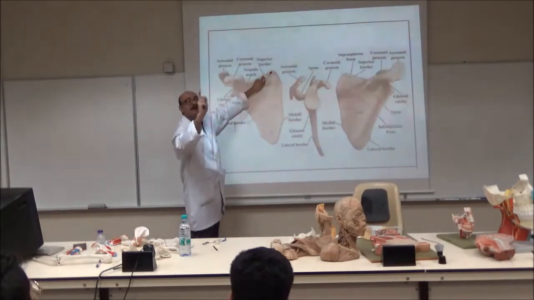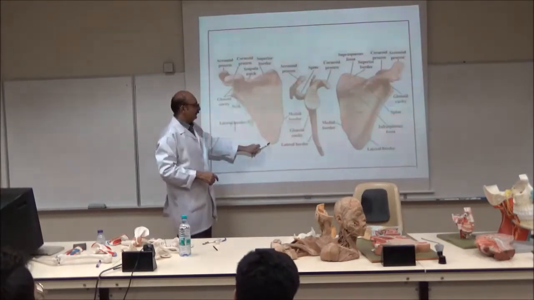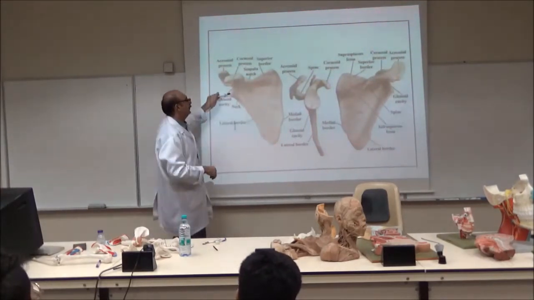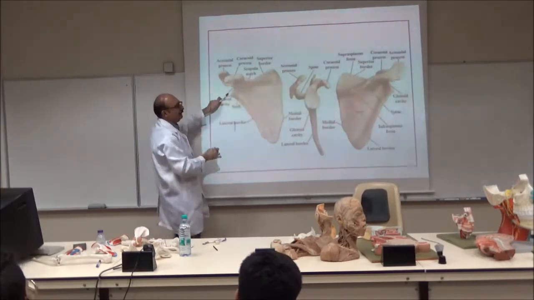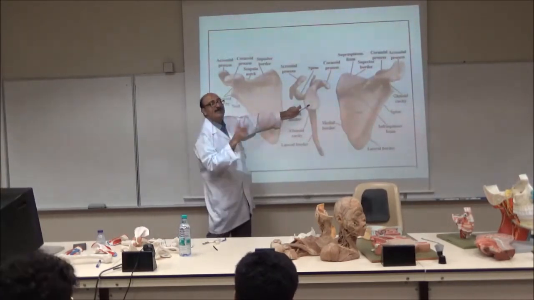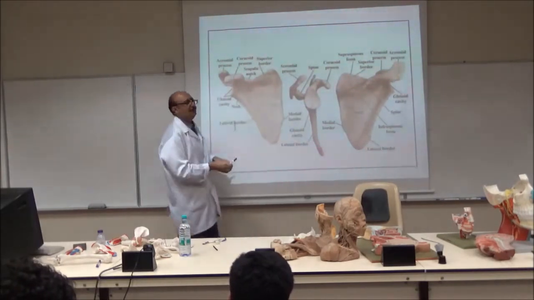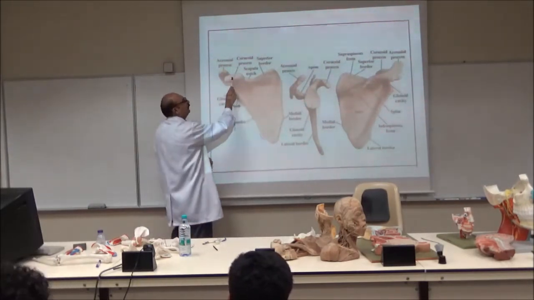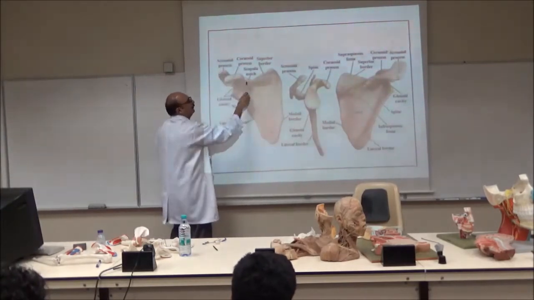Superior border. Angle. Border is this. Angle. What? Inferior angle. Lateral. What is on the lateral angle? Which cavity? Glenoid cavity, like this, to make the joint with the head of the humerus, the shoulder joint. Okay. What process? Coracoid. What process? Acromion. What border?